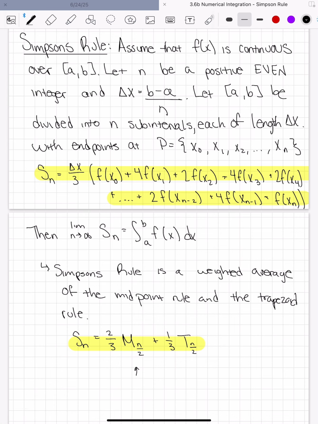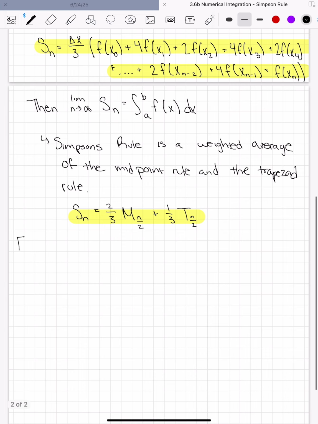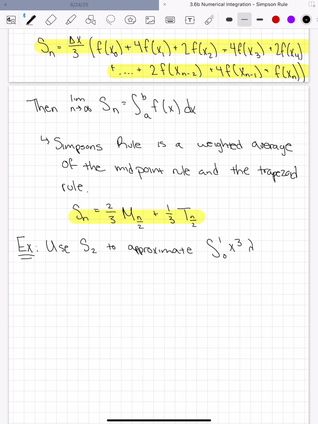So let's do an example. Use S2 to approximate the integral from 0 to 1 of x cubed dx.